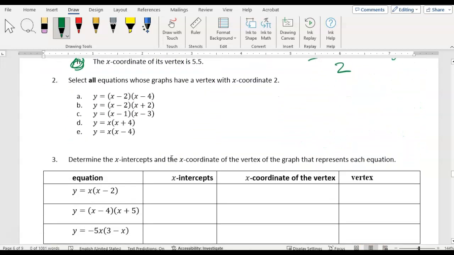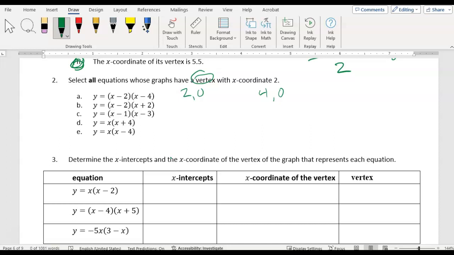Number 2, select all equations whose graph have a vertex with x-coordinate 2. So we're looking here for a vertex with x-coordinate 2. Here, this would be 2, 0 and 4, 0. The midpoint between them would be 3, 0, so this is a vertex of 3.